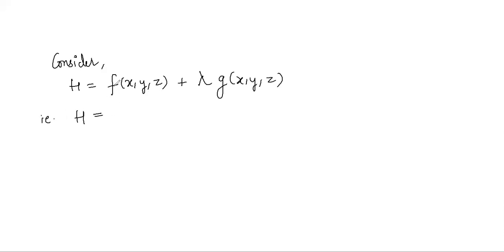Consider h as f plus Lagrange's multiplier lambda, and g, that is h is equal to, let us put here f and g, x square plus y square plus z square, this is function f, plus lambda, and let us put this function g, which is ax plus by plus cz minus p.